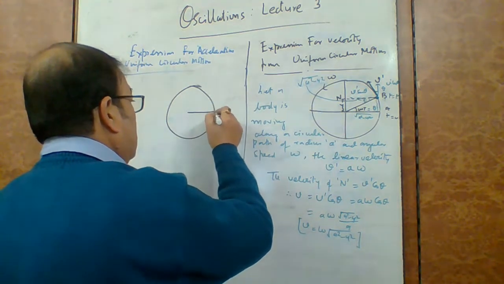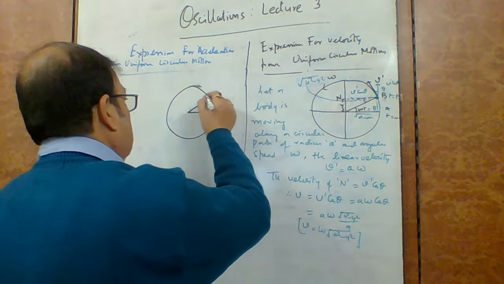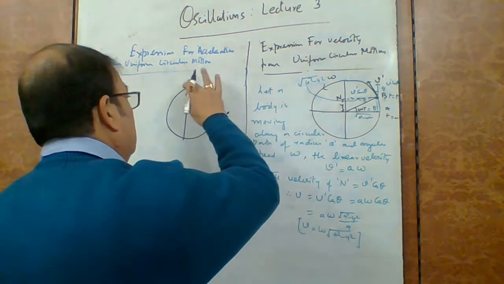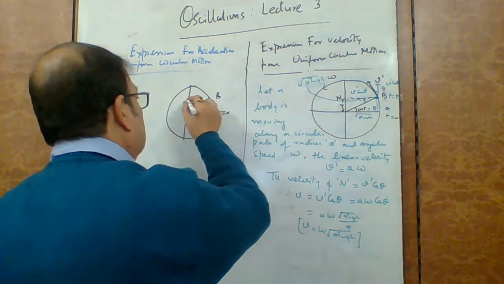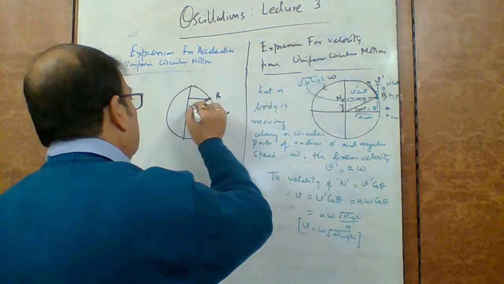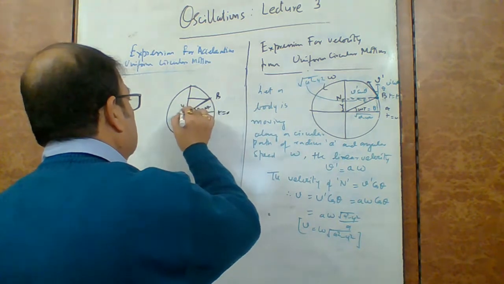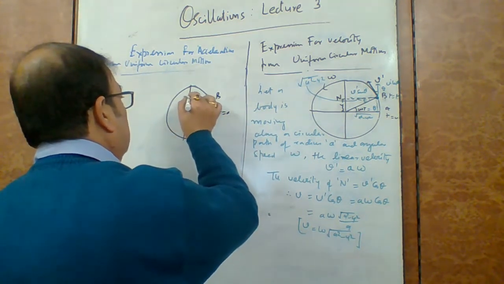And this is the position 0, t equal to 0. At this position we have v, this is perpendicular, and this is theta equal to omega t, this is y, and this point is no doubt n.